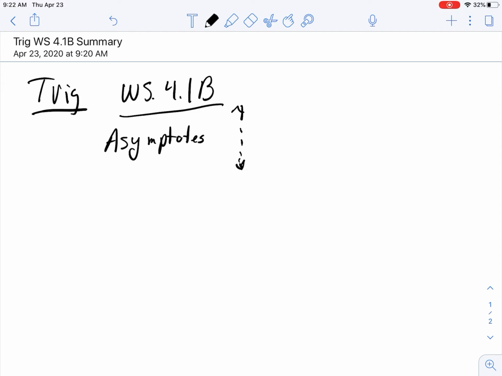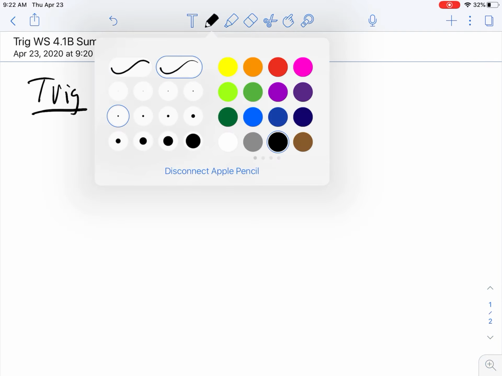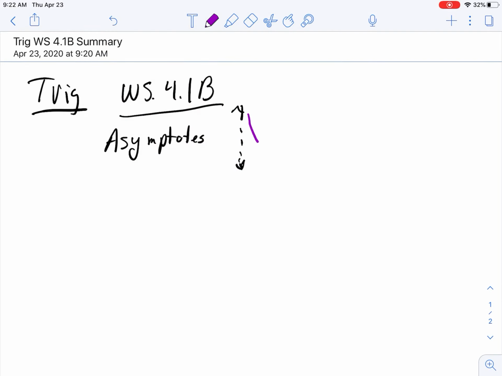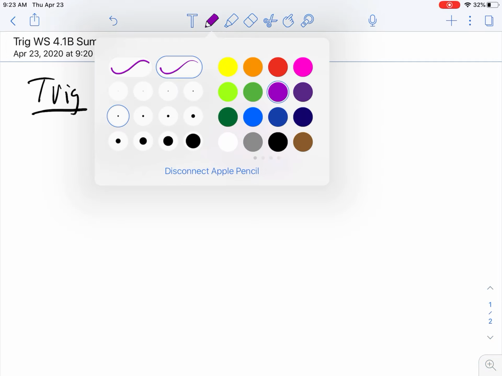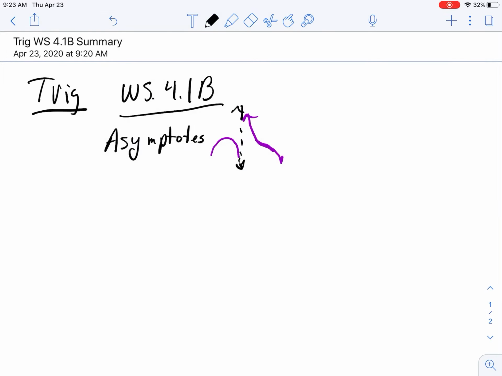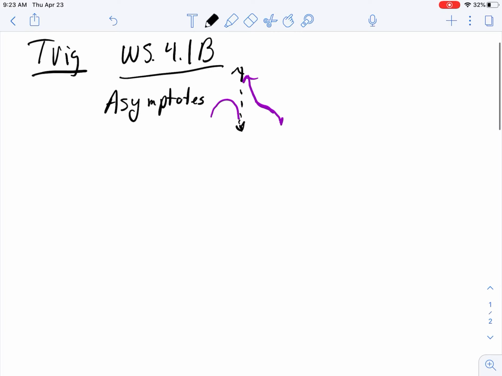Those are those lines that you see like this, and you can never cross them. So therefore something happens, something maybe like this, or like this, something of that form sometimes happens. But you cannot cross an asymptote. So the question is, how do you find them?